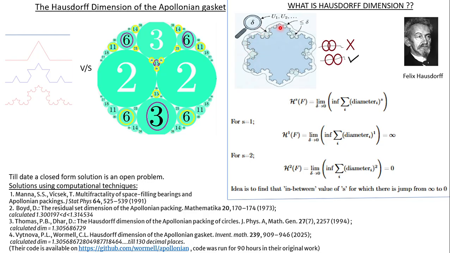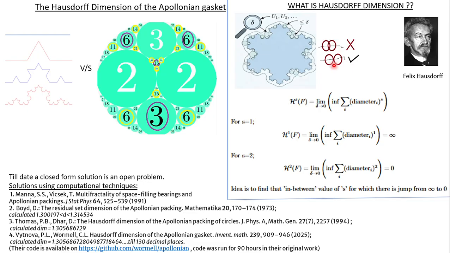take circles of diameter, in the limiting case tending to 0, which cover this perimeter in this fashion, not this fashion. That is why we use the infimum term.